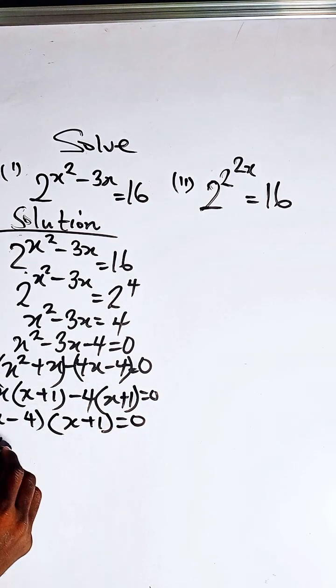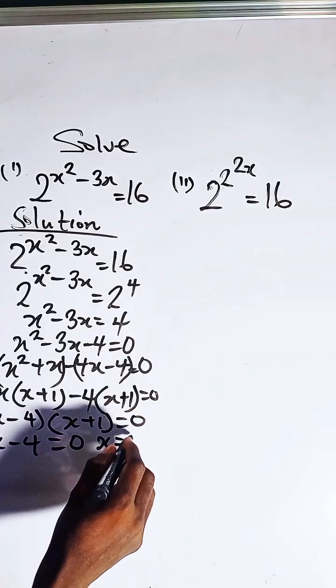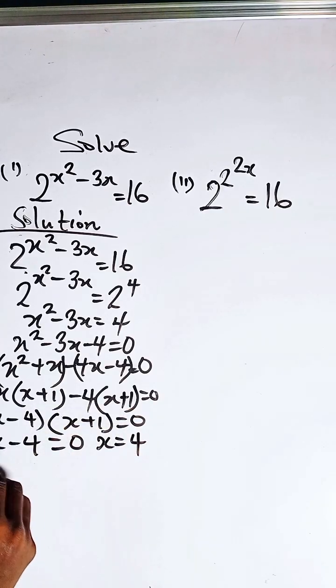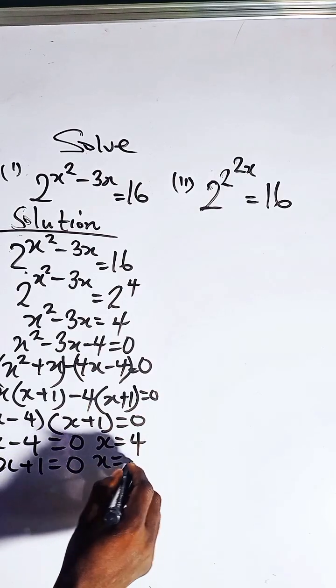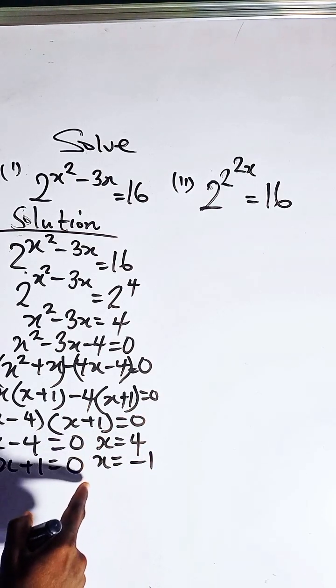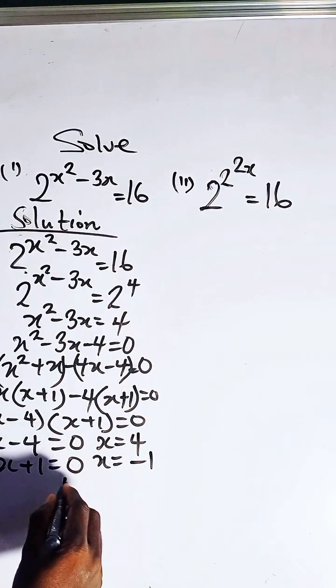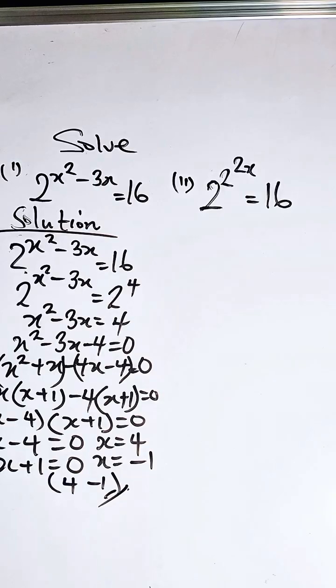For x minus 4 equals 0, x equals 4. And for x plus 1 equals 0, x equals minus 1. So the value of x is either 4 or minus 1 in this equation.